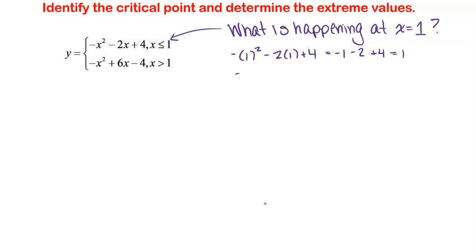If I put it in the other function, negative 1 squared plus 6 times 1 minus 4, that's going to give me negative 1 plus 6 minus 4, and that is also going to give me 1. So what this tells me is that it's continuous. I know the two pieces of this function connect.